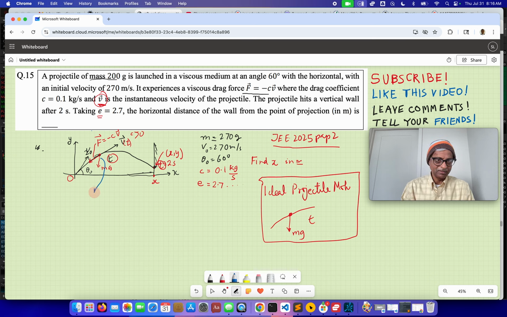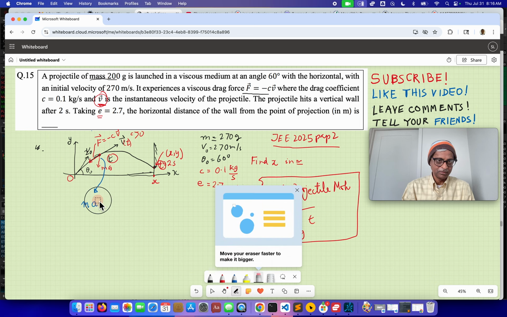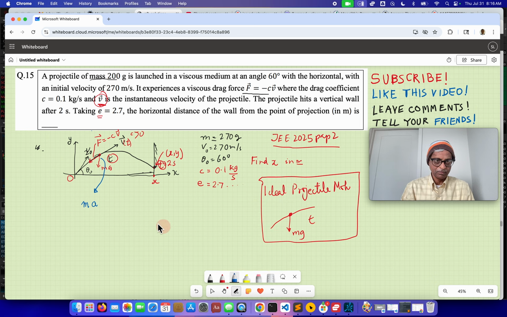At this instant, I'm going to write the equation of motion in vector form, and this will be the j hat, and this will be the i hat direction.